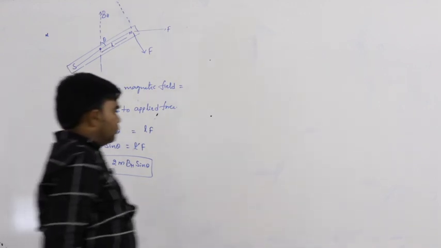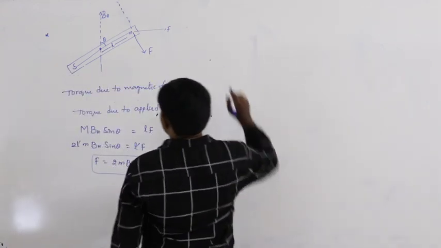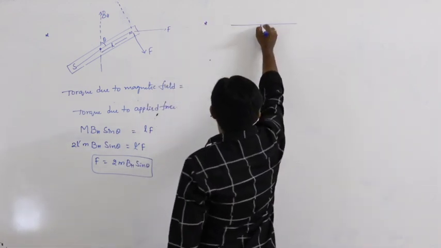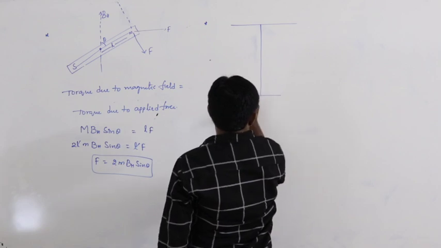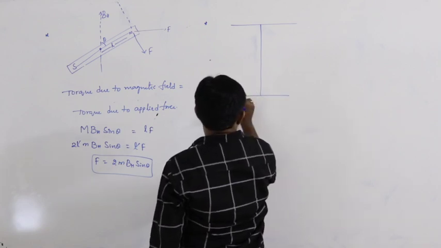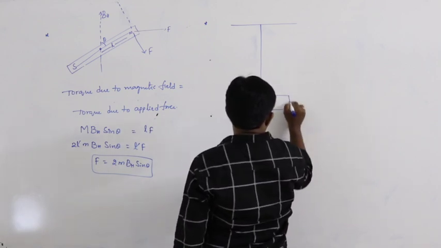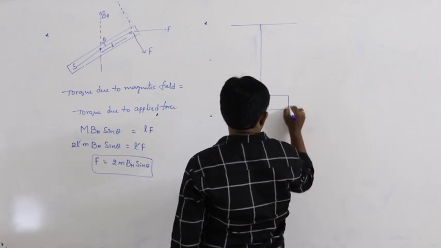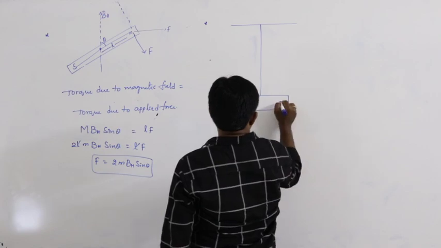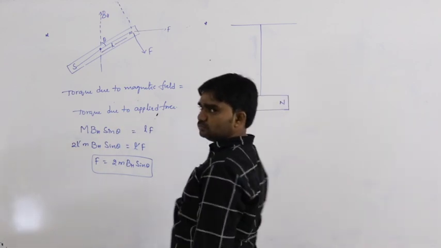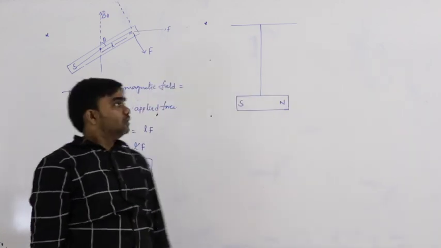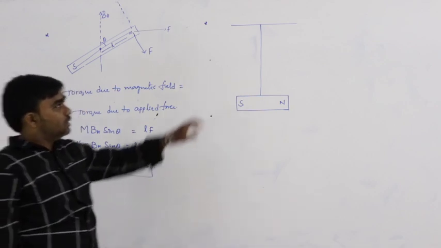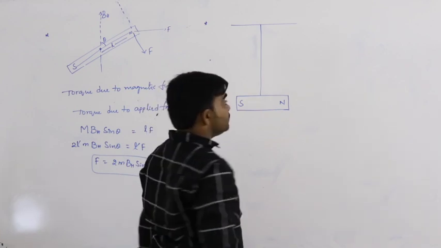Now, one more application, here it is. The magnet is suspended like this, with south pole and north pole, so that the string is in untwisted position.